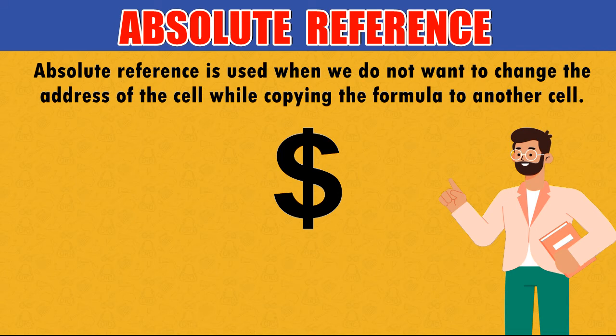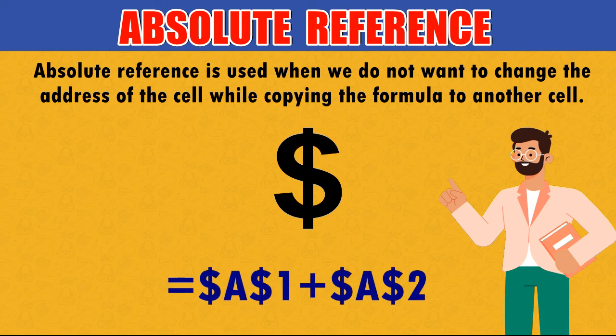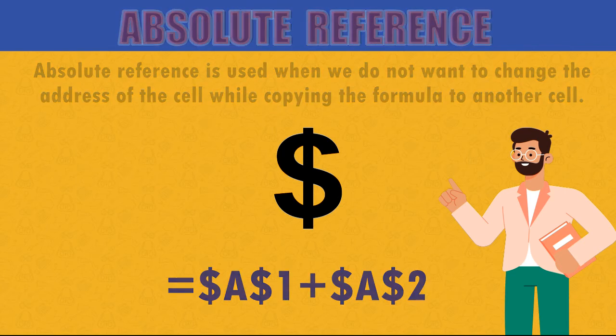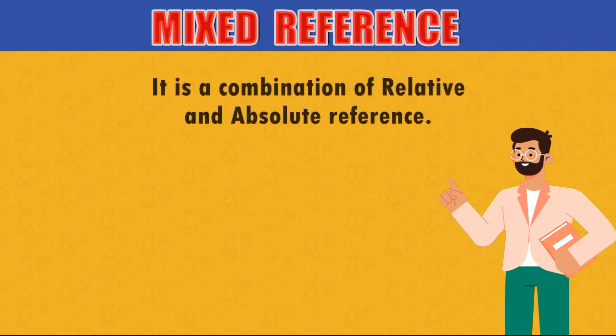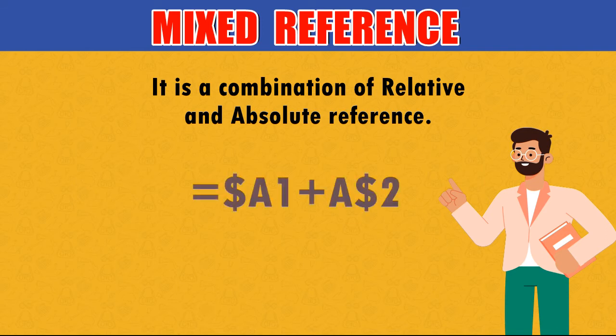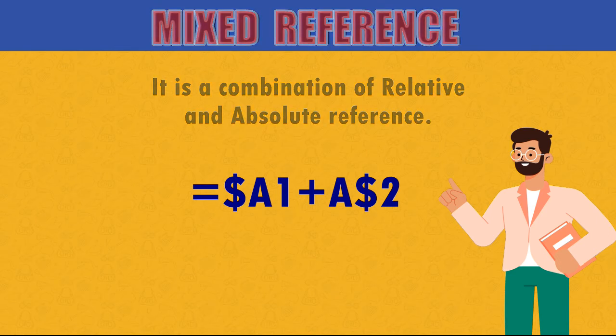For example, =$A$1+$A$2. Mixed reference. It is a combination of relative and absolute reference. In this type of reference, either row or column has to remain fixed. For example, $A1+$A$2.